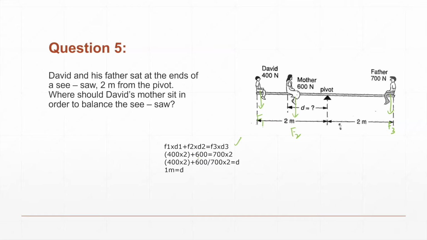Something missing here? Where's D2? So this line should be 400 times 2 plus 600 times D equals to 700 times 2. Like that. Should be in this manner.